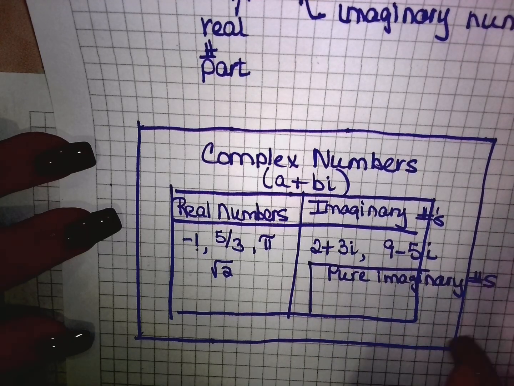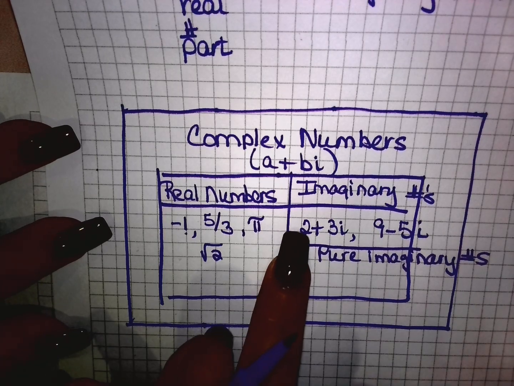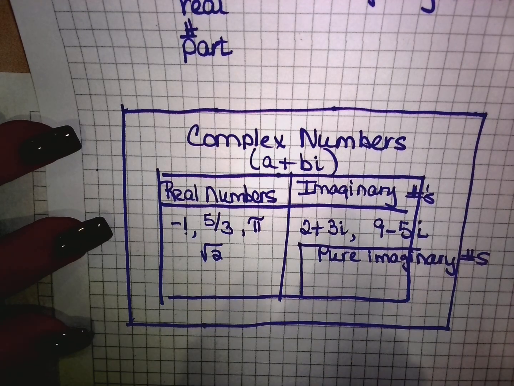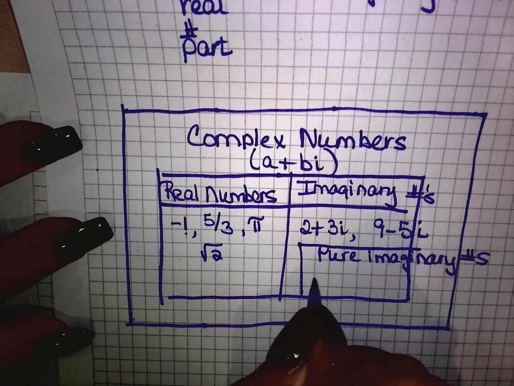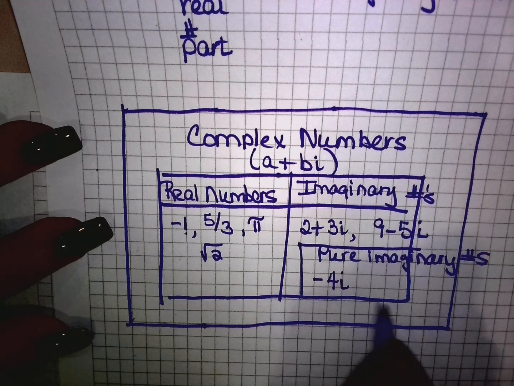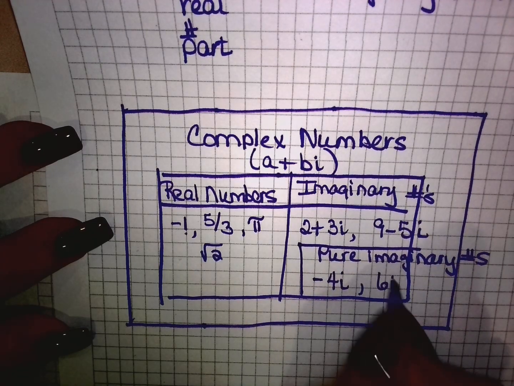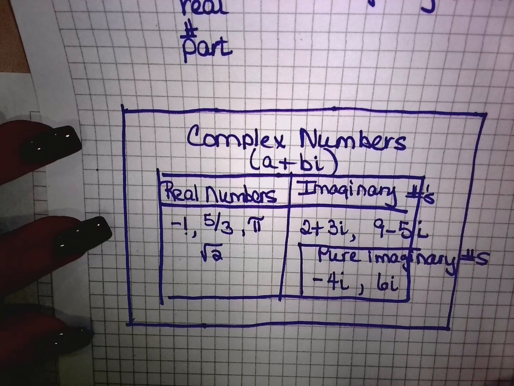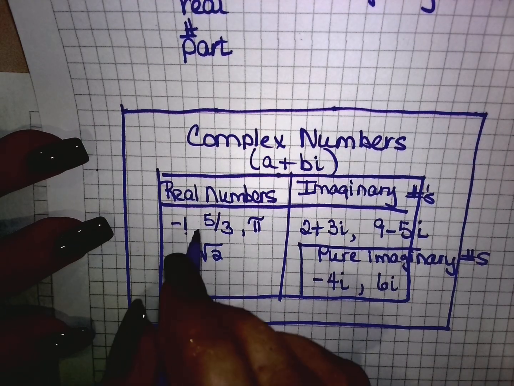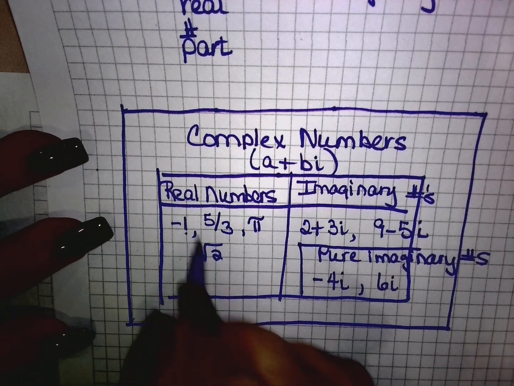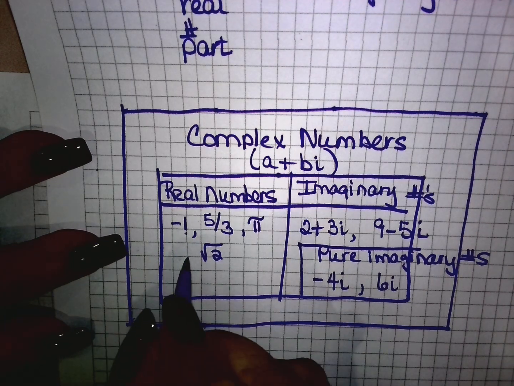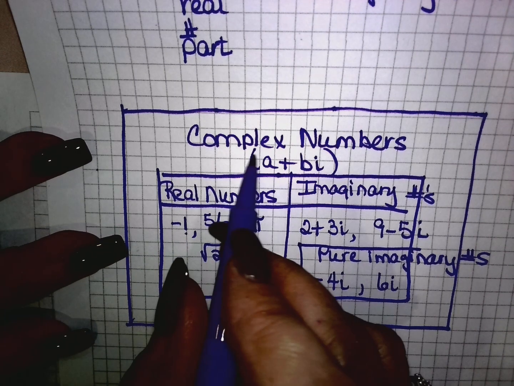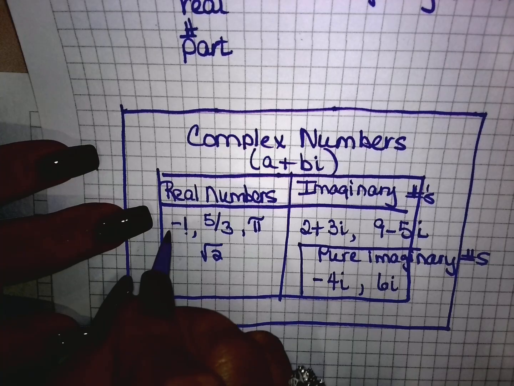And pure imaginary numbers look like this, except they don't have the real part. So a pure imaginary number would be something like -4i or 6i. All right? So let's recap this. Real numbers look like this. And if you were to write real numbers as complex numbers, it's really easy.